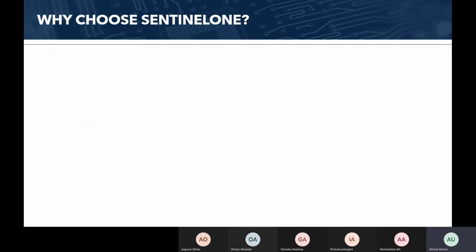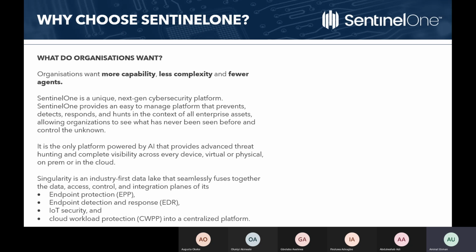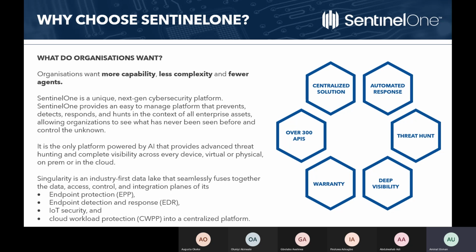The real question is why choose Sentinel One? That's the question. Why Sentinel One? What do organizations want? Organizations want a solution that gives them more capability, less complexity, and fewer agents.